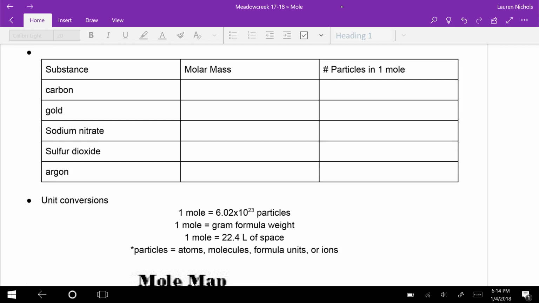Now, if we're looking at this next chart, which I hope you paused the video and completed the previous one, and we're looking at the substance, their molar mass, and the number of particles in 1 mole. What I'm going to do is go ahead and just write through the formulas. So carbon is C, gold is Au, sodium nitrate is NaNO3, sulfur dioxide, SO2, and argon.